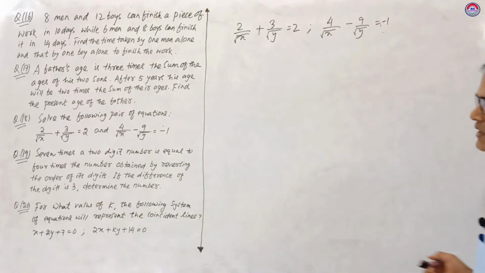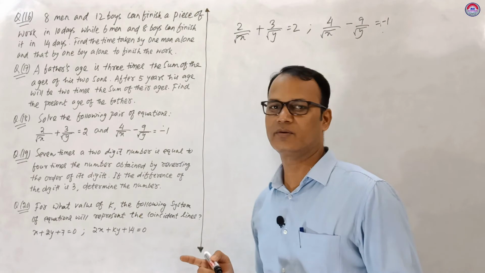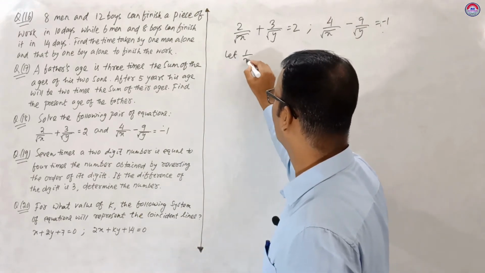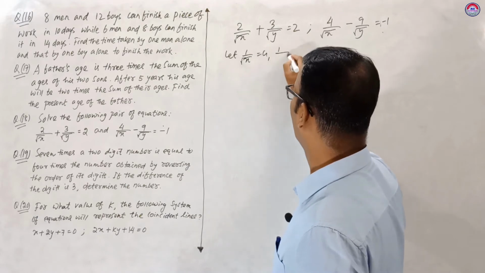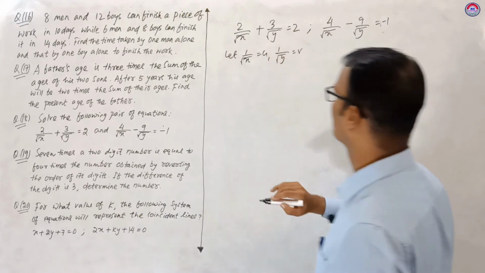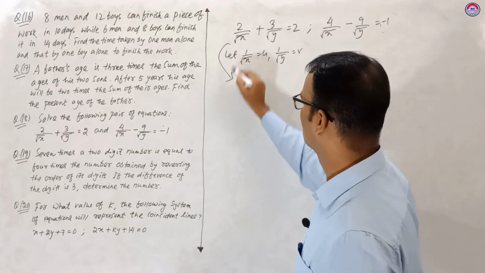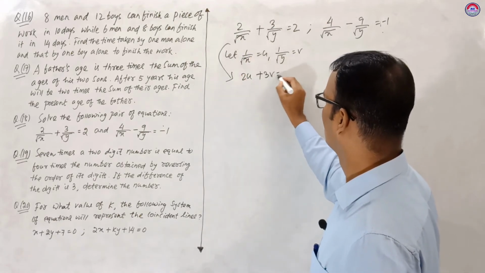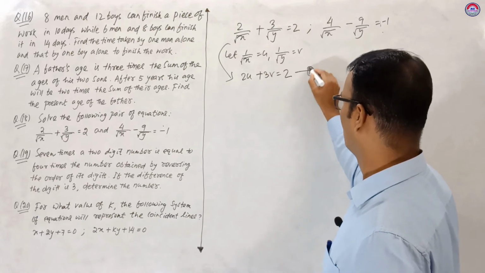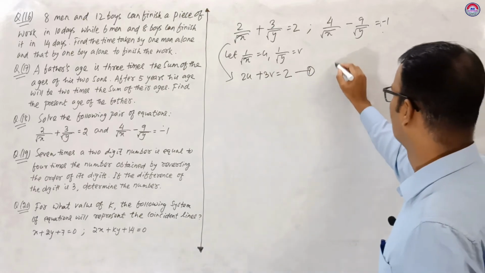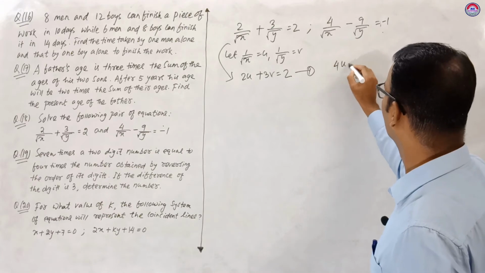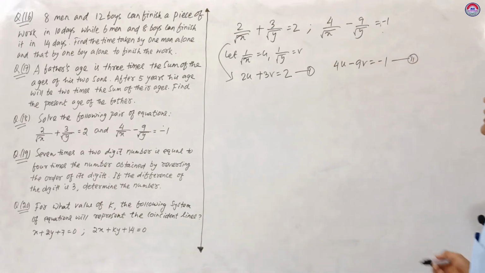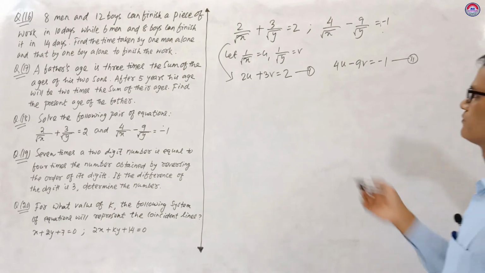You see here, it is not in the form of a linear equation ax plus by plus c. You can take here, let 1 by root x equal to u, 1 by root y equal to v. So this equation converts into 2u plus 3v equal to 2. We can write it as equation 1 here. Then this will be 4u minus 9v equal to minus 1, equation 2. Clear?